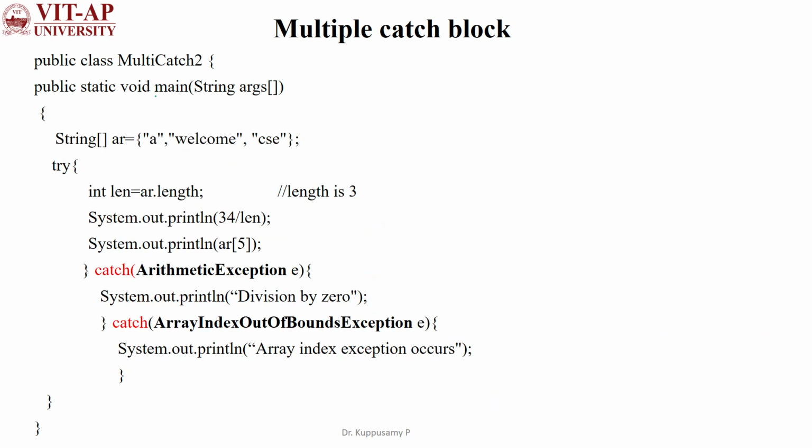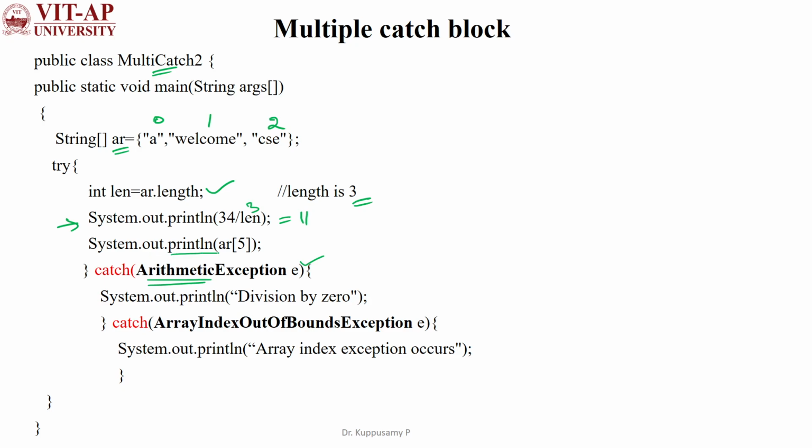Like that, here is another program where we have the array values, three values: 0th index, first index and second index. Then when you calculate the length of the array, it will be 3. Now we are dividing 34 divided by 3, it will be 11. Then it is successfully executed, so there is no arithmetic exception, so that catch is not executing now, right?